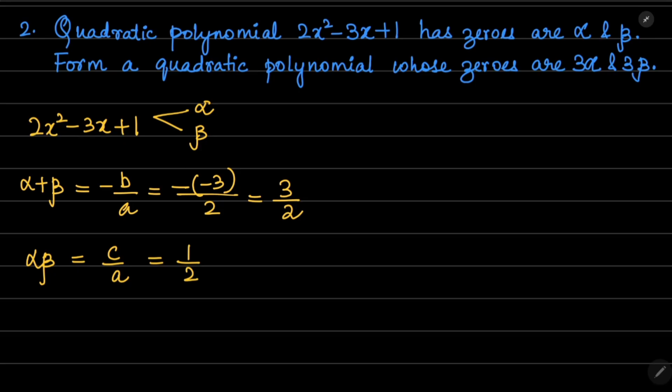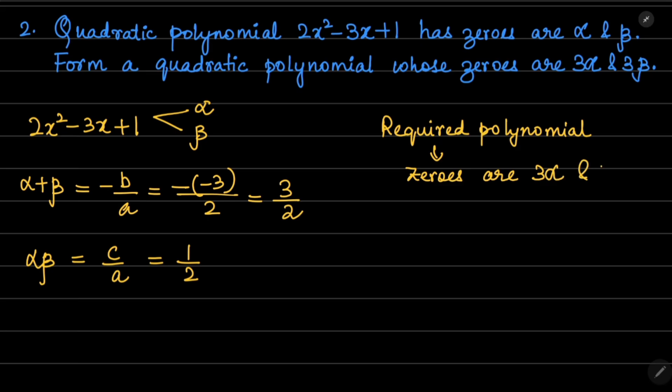Right? So once I have found that out, now I have to form a quadratic polynomial whose zeros are this. So the required polynomial, the zeros are 3 alpha and 3 beta.